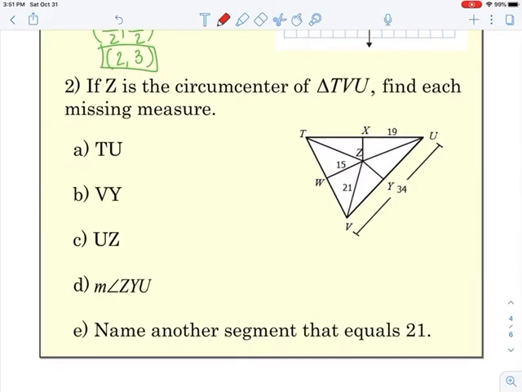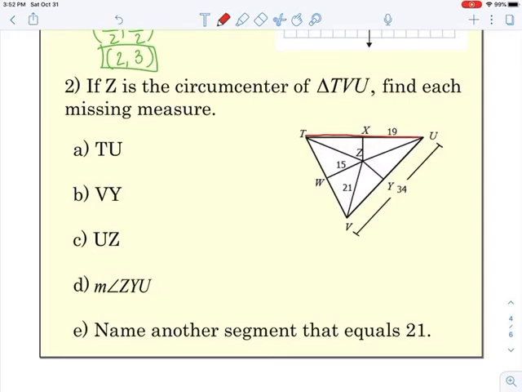Okay, so for my next one, if Z is the circumcenter of triangle TVU, find each missing measure. And again, just keep in mind that circumcenter is going to be equidistant from the vertices. So the first thing that you want to do is find TU. Okay, so TU is that entire side.